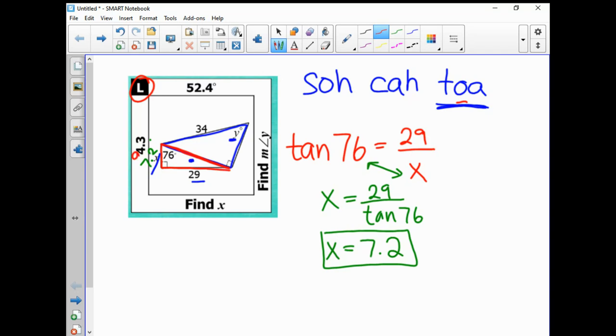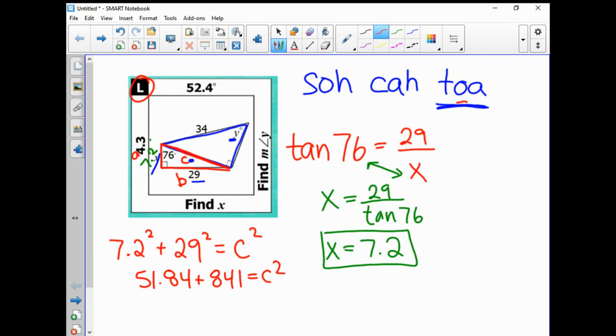This is going to be A, B, and C. So we're trying to find C right there. So we can just set that up with the Pythagorean theorem. The A, or 7.2 squared, plus B, or 29 squared, is equal to C squared. So 7.2 squared is 51.84 plus 29 squared, 841, is equal to C squared.